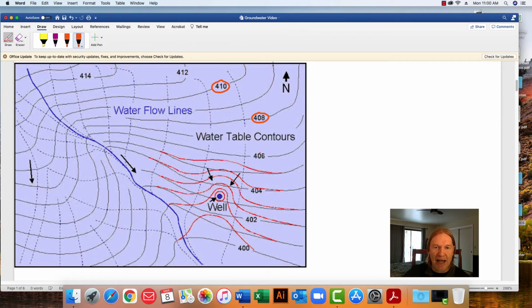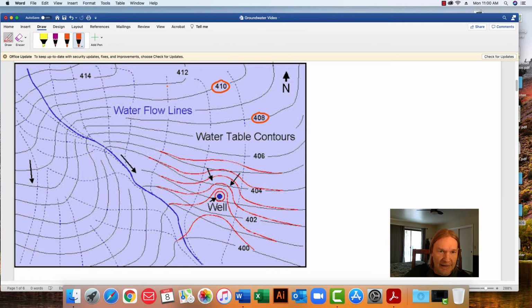So this map represents the subsurface, the water table underneath the ground. Now the ground probably slopes in the same sort of direction and has the same topography as the water table, but we don't know that for sure. So they actually used well data to compose this map right here.